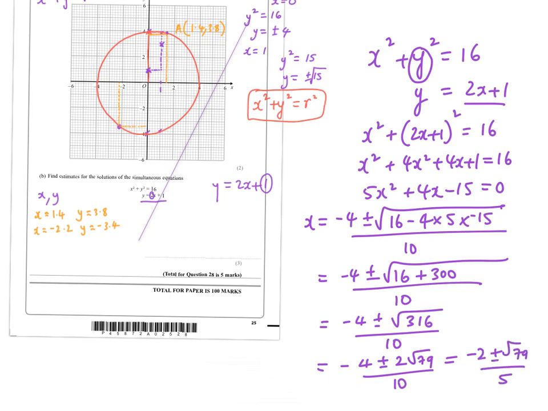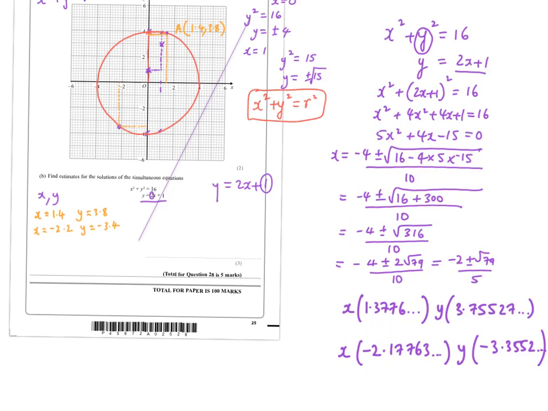So if we put those values in as x, let's see what we'd get. And there would be the values. So I'd do x's from here. I would have negative 2 plus root 79 all divided by 5, and then that would be this corresponding value of x. Then I would substitute that in here, so I'd times the value of x by 2 and add 1, and I'd get this value.